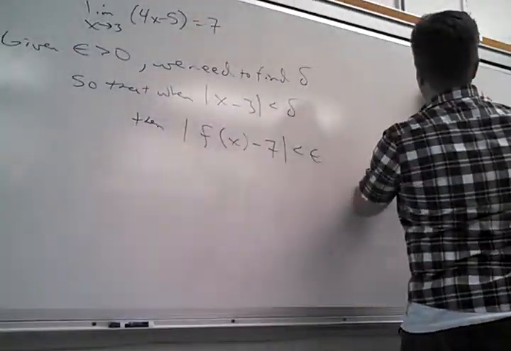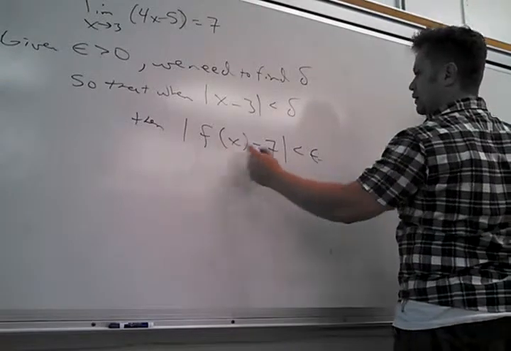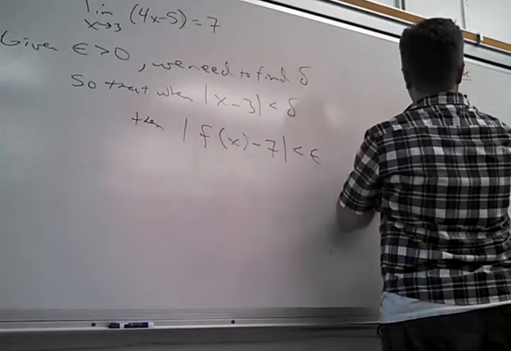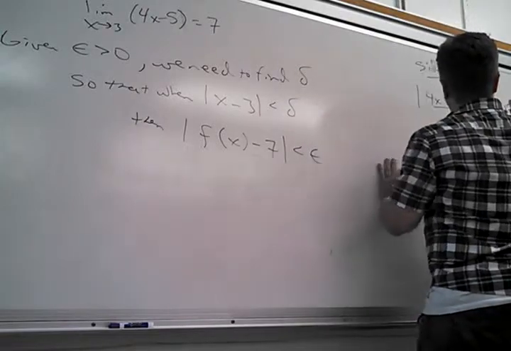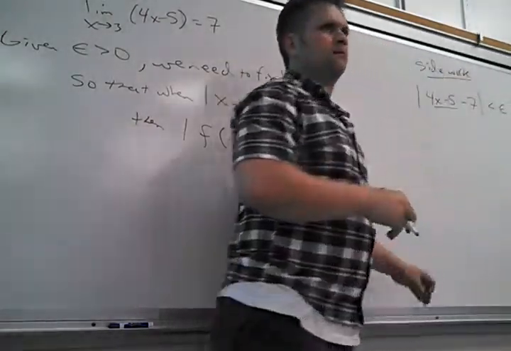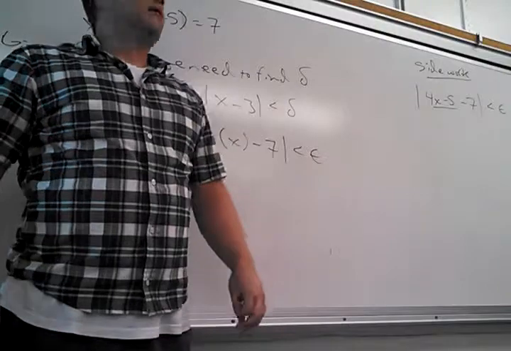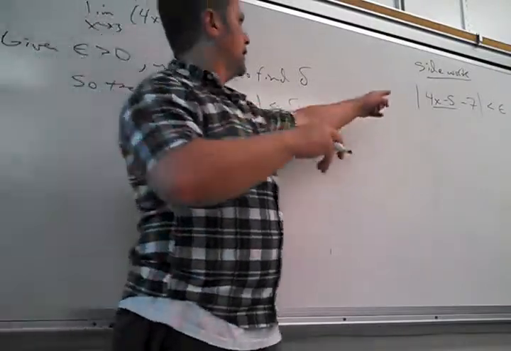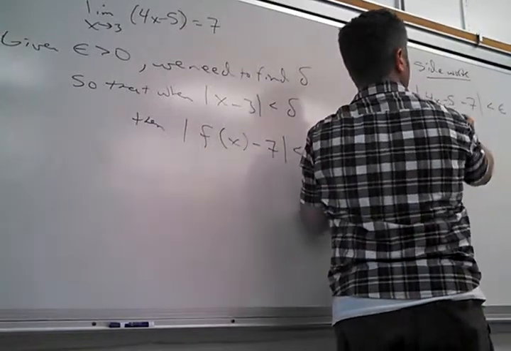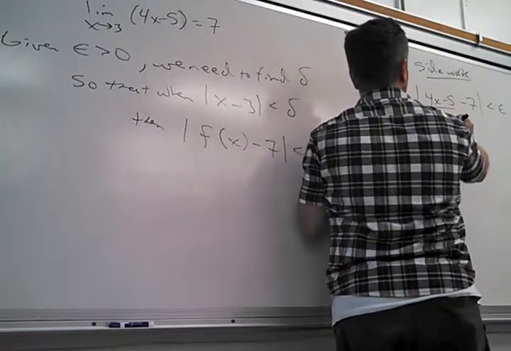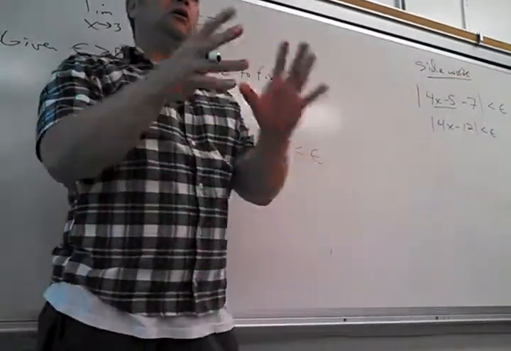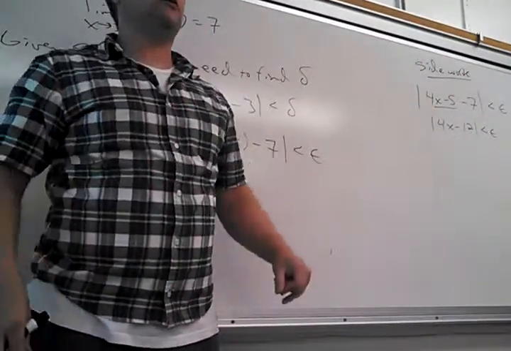So, over here, what do we want to end up happening? I want |f of x minus 7| to be less than epsilon, where f of x is 4x minus 5. Now, with the nice functions, this is always going to work. The next step, what can you do? I love it. So you get |4x minus 12|. What's really the only thing you can do mathematically with 4x minus 12?